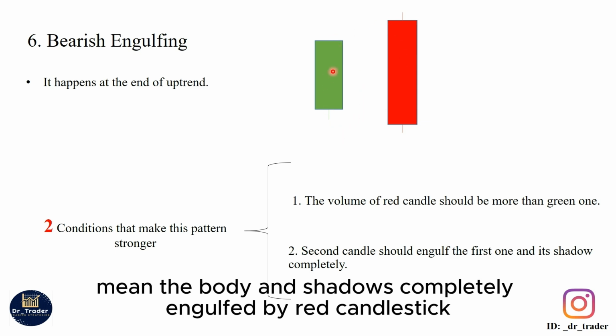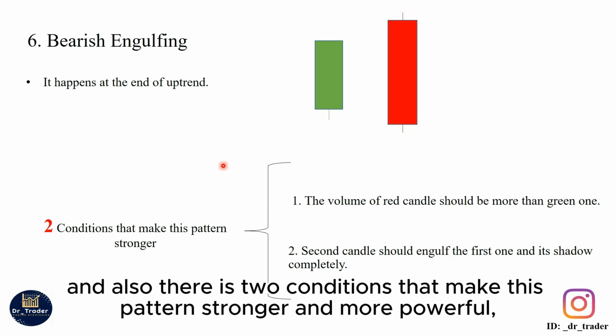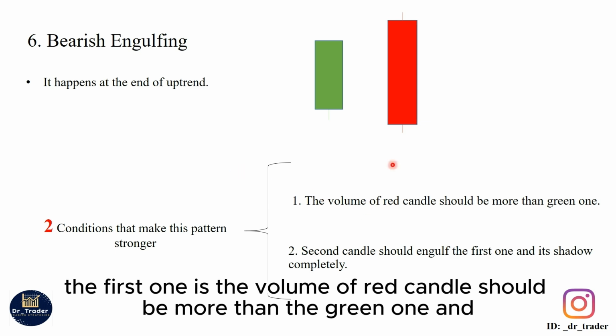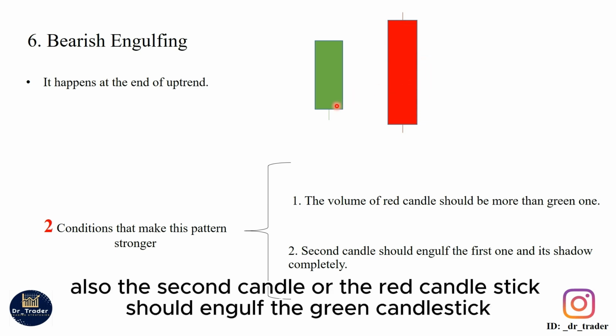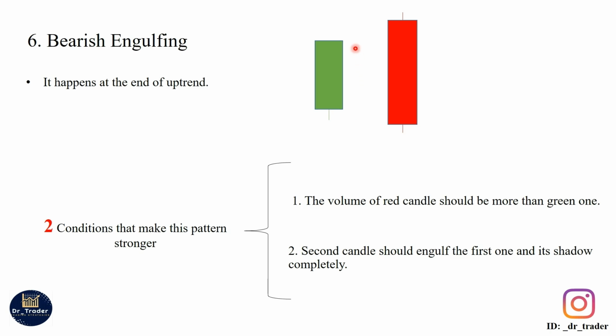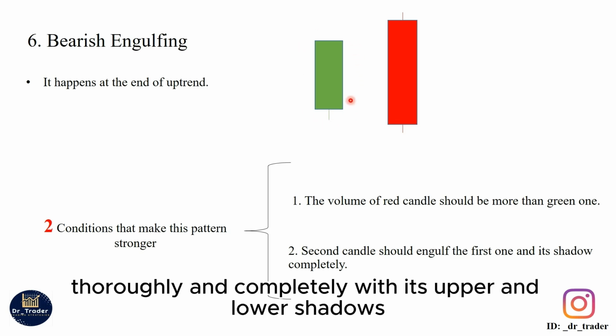I mean, the body and shadows are completely engulfed by the red candlestick. There are also two conditions that make this pattern stronger and more powerful. The first one is that the volume of the red candle should be more than the green one, and the second is that the red candlestick should engulf the green candlestick thoroughly and completely with its upper and lower shadows.